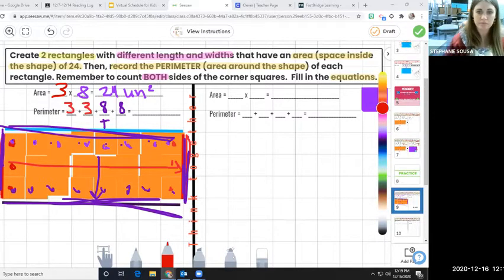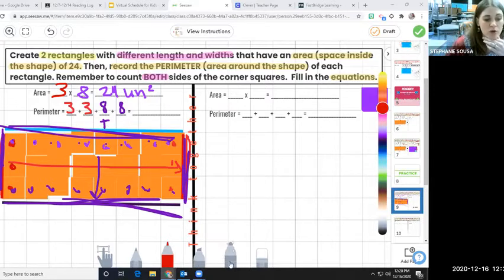All right. So slide 9 asks you to create 2 rectangles with different lengths and widths that have an area of 24. You were then asked to record the perimeter or the area around that shape. Remember to count both sides of the corner squares.